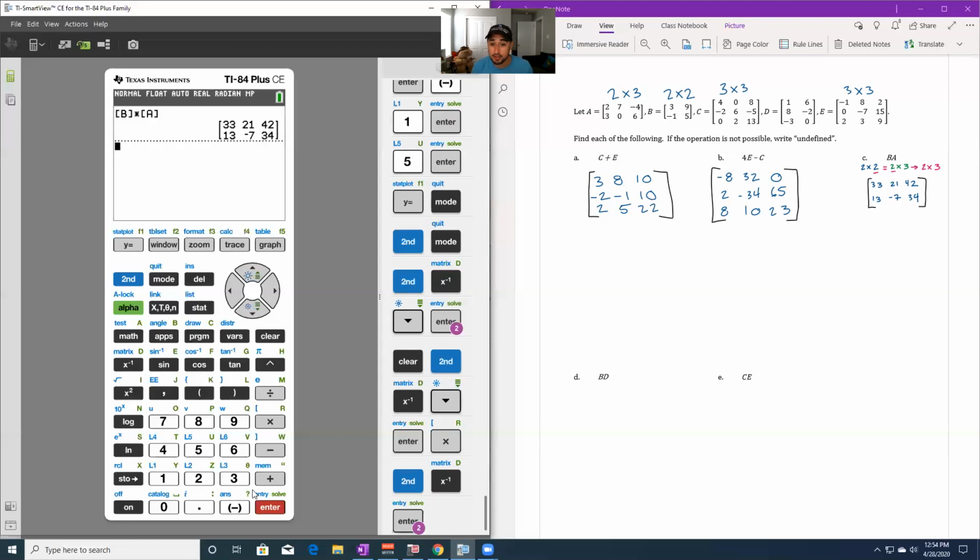Excellent. Now we want D, which is B times D. So D's dimensions are 3 rows by 2 columns. Which means for B times D, matrix B we saw was a 2 by 2. Matrix D is a 3 by 2.